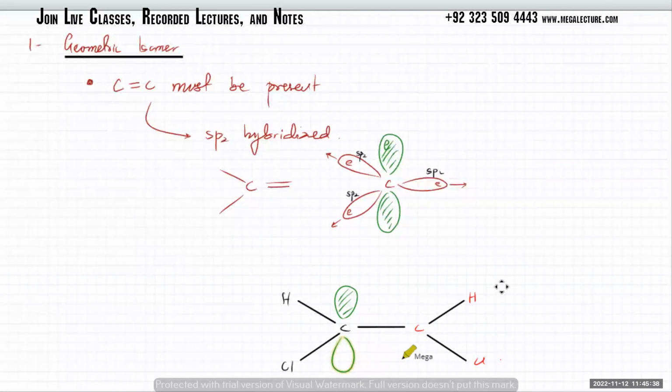Its negative charge is distributed on the z-axis. And this carbon will have exactly the same thing, so let me copy it over there. So in ethene, this is what happens.